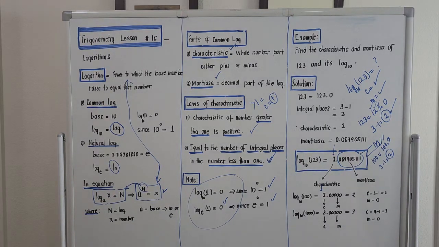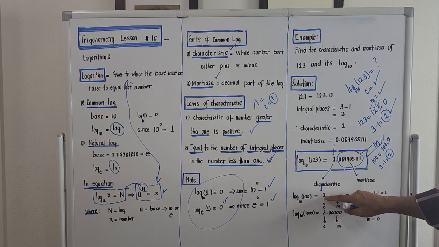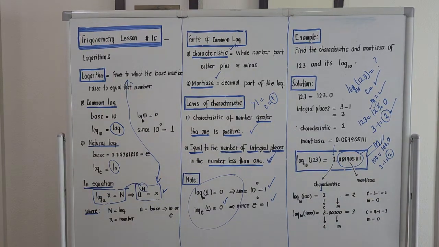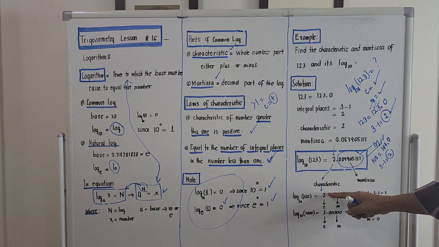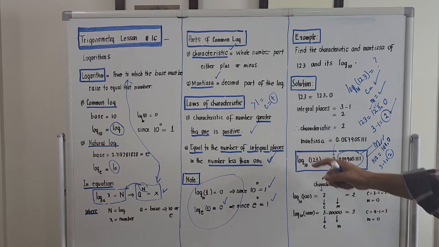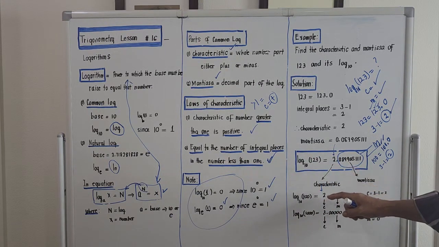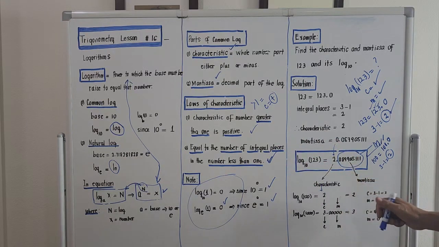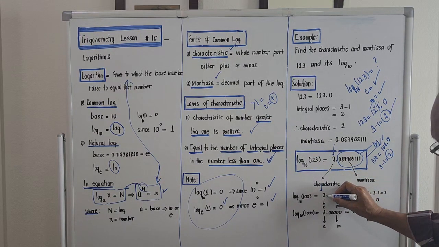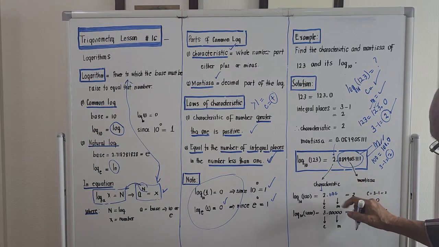So it is actually 2.000 or just simply 2. The characteristic is 2 because it is 3 minus 1, which is 2. So the characteristic is 2 and the mantissa is actually 0. So this is actually 2.000 or just simply 2.